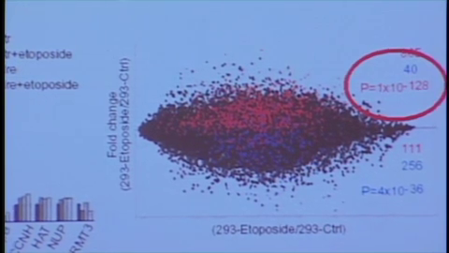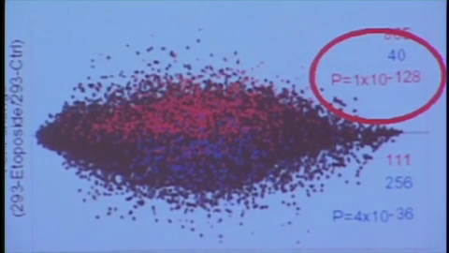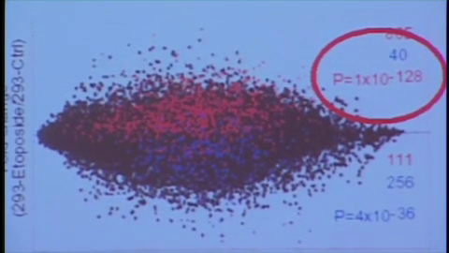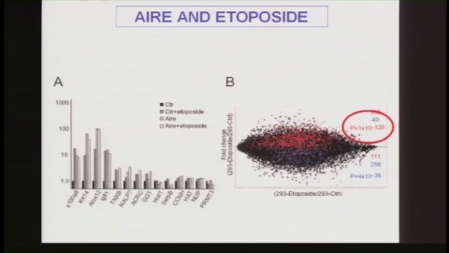And what you can see is that there is a correspondence between what's induced by AIRE and what's induced by etoposide with a p-value of 10 to the minus 128. So we thought this was probably true. And actually, even with the AIRE-repressed transcripts, it's also highly significant, although not as striking.